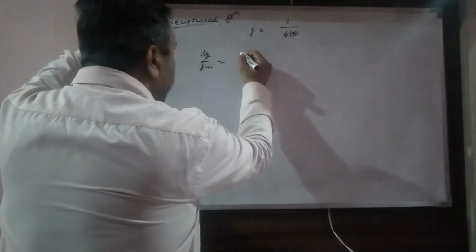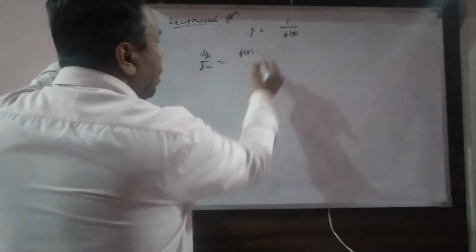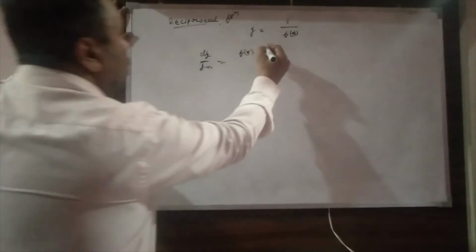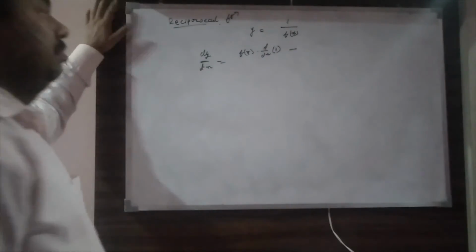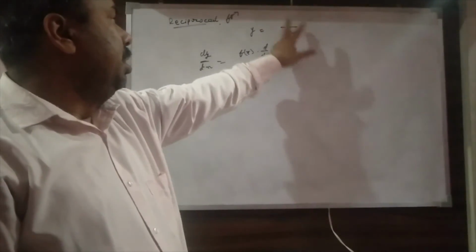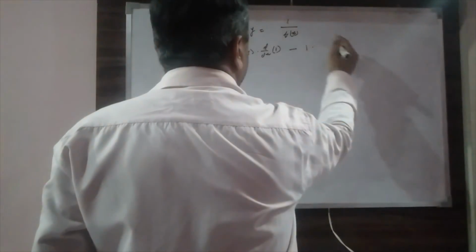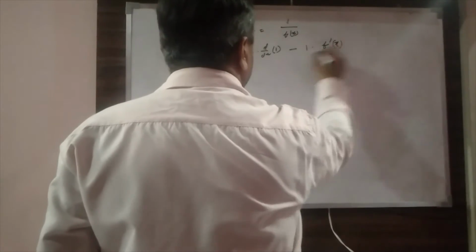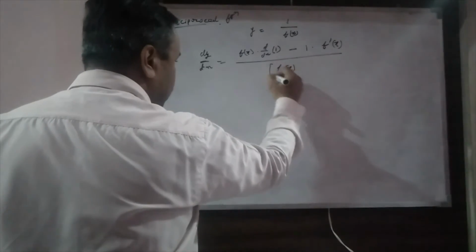Dy by dx, as I explained to you, is denominator multiplied by differentiation of numerator, so d by dx of 1, minus numerator as it is multiplied by differentiation of denominator, that is f dash x. Okay, and denominator will be fx square.